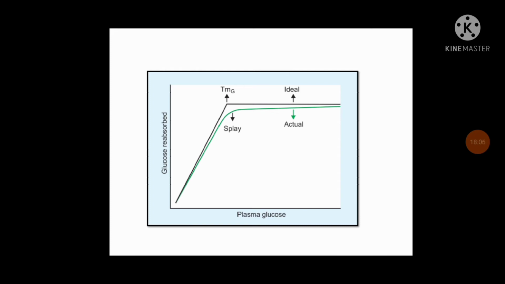That is why, before the concentration reaches the tubular maximum for glucose, the glucose starts appearing in the urine. This difference between the ideal and the actual, the theoretical and the practical, is called splay.